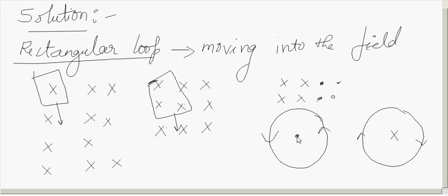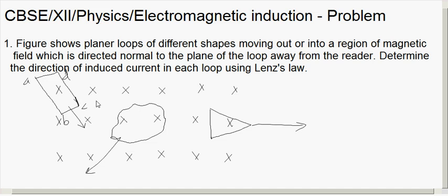Now the loop current should produce a dot magnetic field, therefore current should flow in the anti-clockwise direction. So in the first case, the current produced is in the anti-clockwise direction.